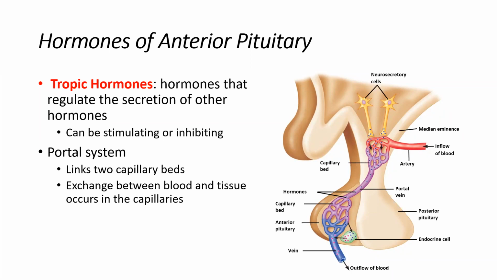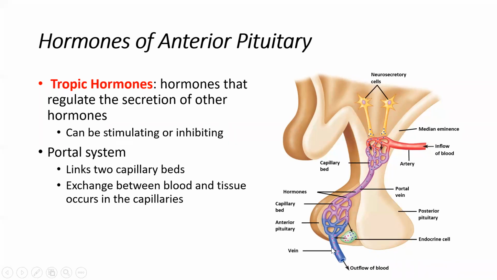And the reason that the portal system is so important here at the hypothalamo-pituitary axis is because the hormones that are released into this capillary network from the hypothalamus can use this portal vein and make their way to the anterior pituitary, and they can then influence the anterior pituitary to secrete these trophic hormones that I talked about earlier.